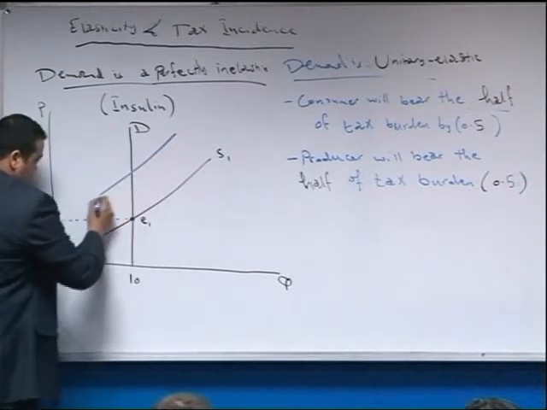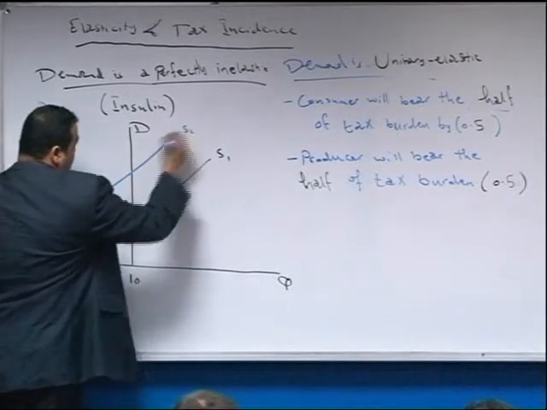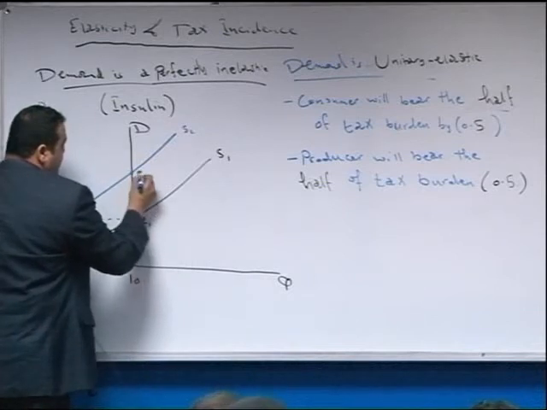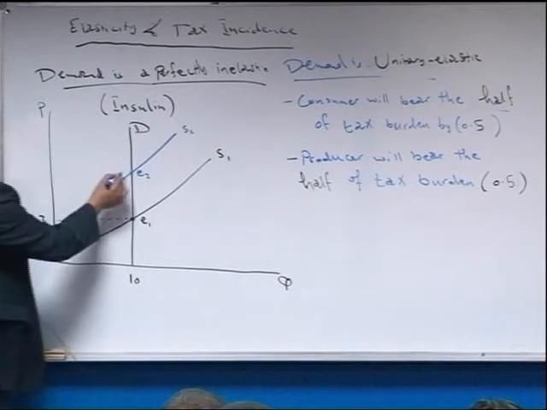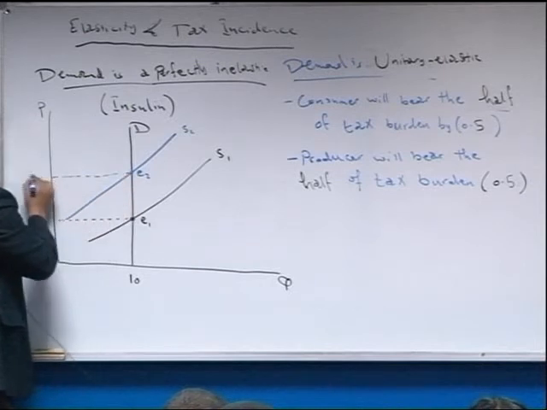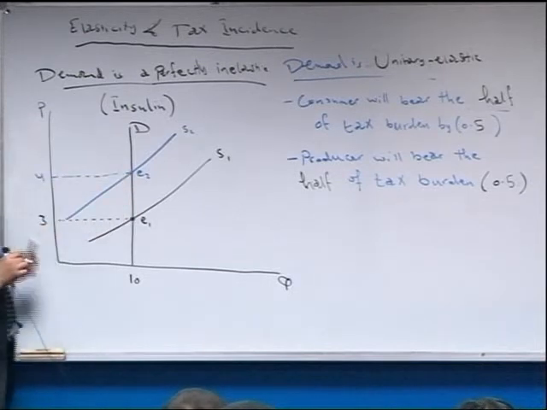the supply curve to S2. We have a new equilibrium point, E2. The producer will try to sell his product at 4, and he succeeded.